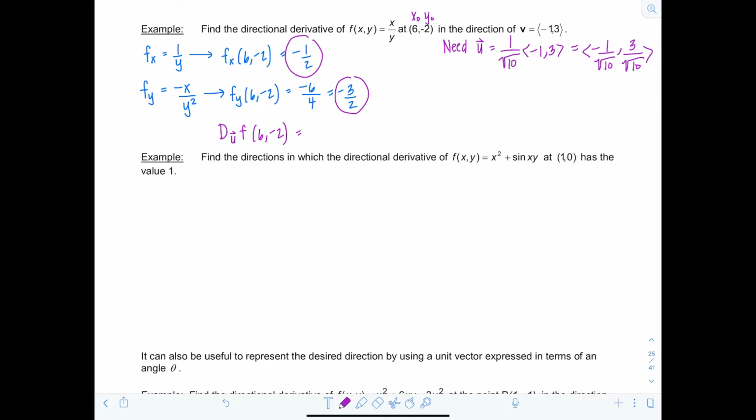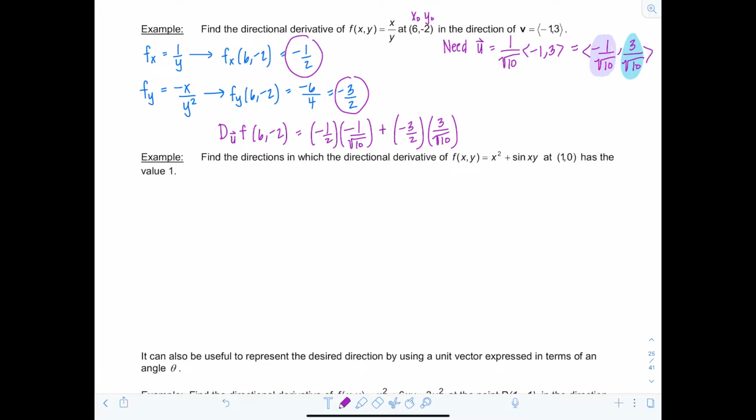So I take negative 1/2, partial with respect to x at the point, and then I'm going to multiply now by a, remember, the x component of our unit vector, which is negative 1 over rad 10, plus, and then I take negative 3/2, partial with respect to y at the point, and then I multiply that by b, which is 3 over rad 10, the y component of our unit vector.